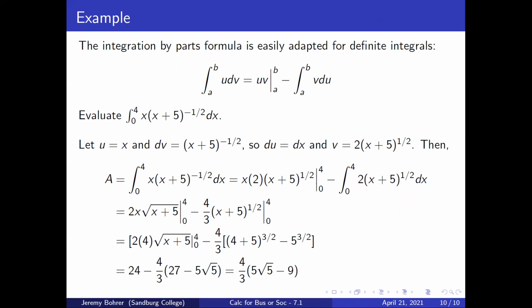So du = dx and v = 2(x+5)^(1/2). Then the integral from 0 to 4 of x (x+5)^(-1/2) dx is x times 2(x+5)^(1/2) evaluated between 0 and 4, minus the integral from 0 to 4 of 2(x+5)^(1/2) dx, which is 2x times the square root of x+5 evaluated between 0 and 4 minus 4/3 (x+5)^(1/2) evaluated from 0 to 4.